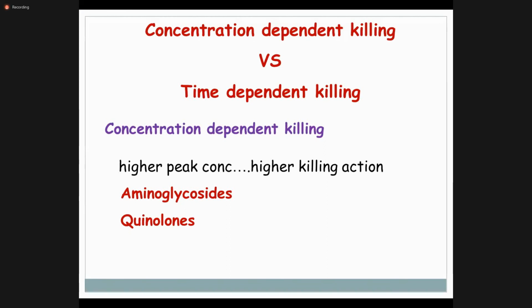The aminoglycoside group is one of the groups under the heading of protein synthesis inhibitors. We have very important antibiotics under this aminoglycoside group, like amikacin, gentamicin, tobramycin, and streptomycin.